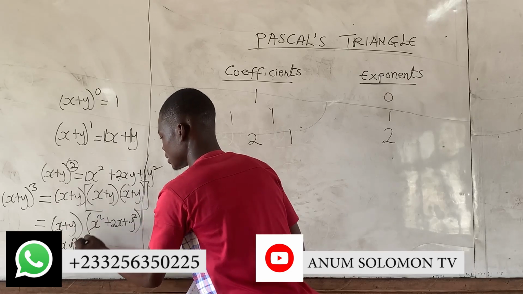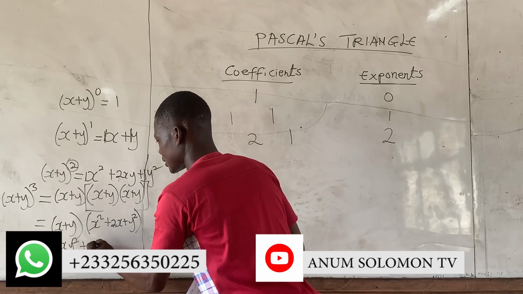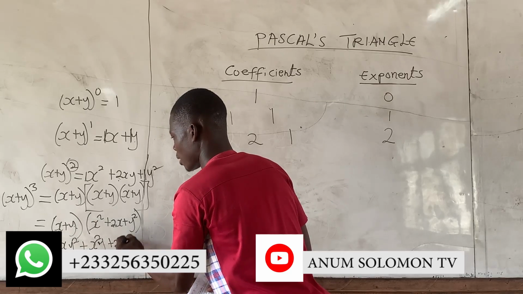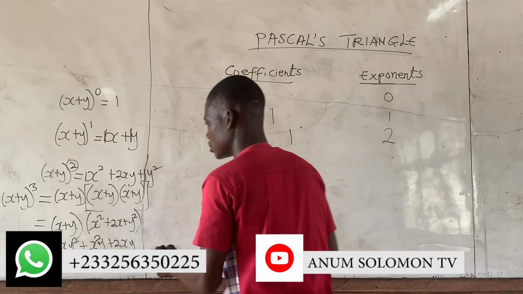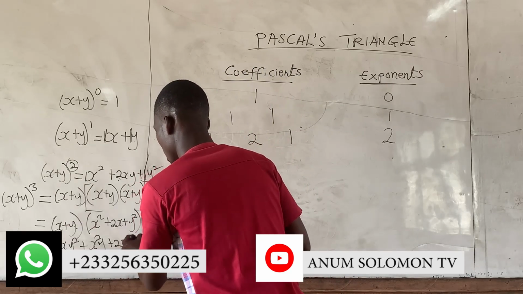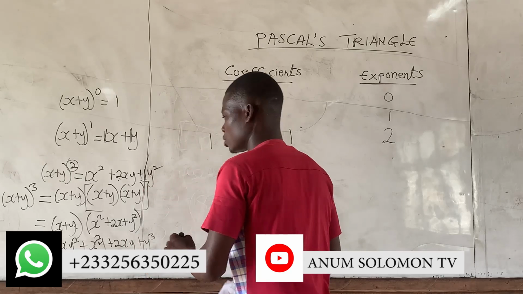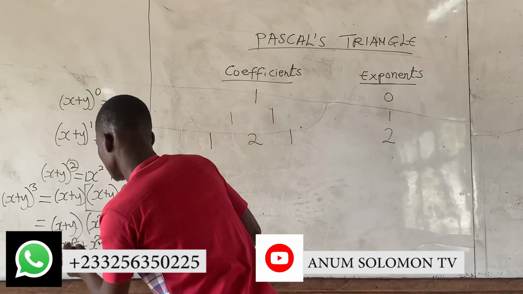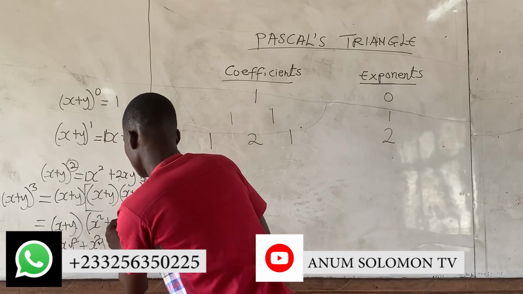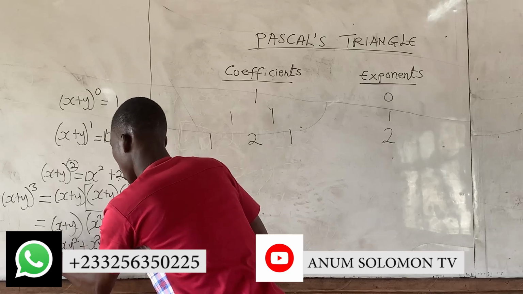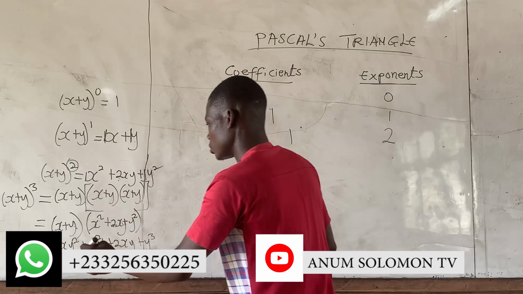Then y times this: we have x squared y, plus 2xy squared, plus y cubed. Now let's add them.